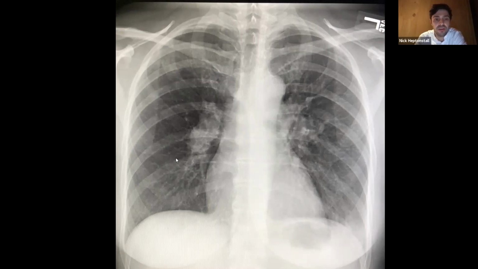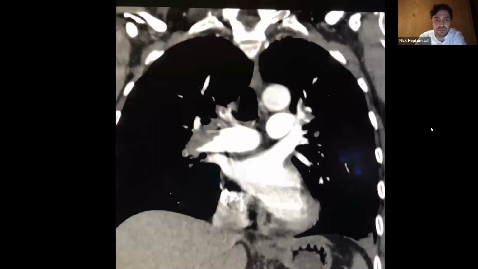So the lung looks hyperlucent compared to the left side, and the right pulmonary artery is enlarged. This is something called Westermarck sign, and the right pulmonary artery enlargement. So that's the CT scan, a large PE sitting within the right main pulmonary artery.